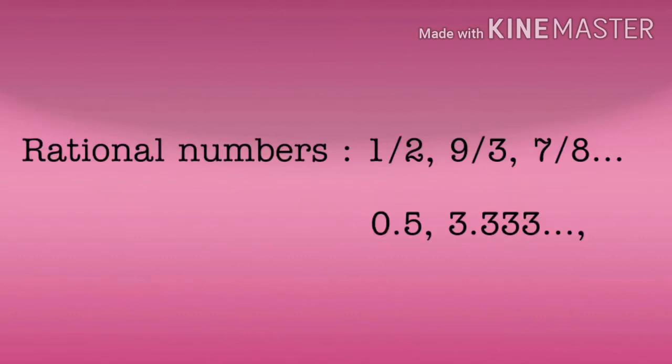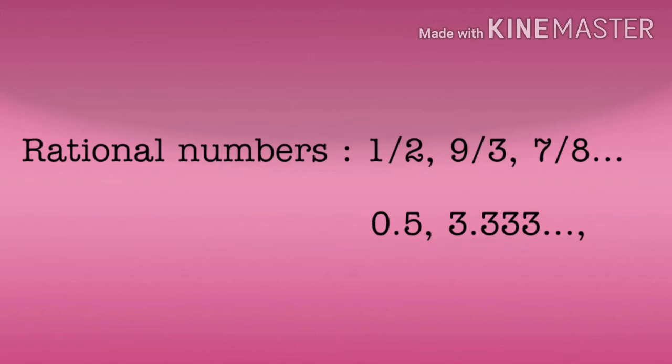Then rational numbers. What is rational numbers? Some examples are there: 1 by 2, 9 by 3, 7 by 8. All these are fractions, right? Fractions are known as rational numbers.